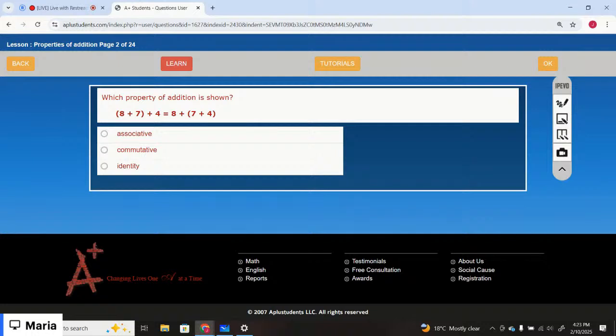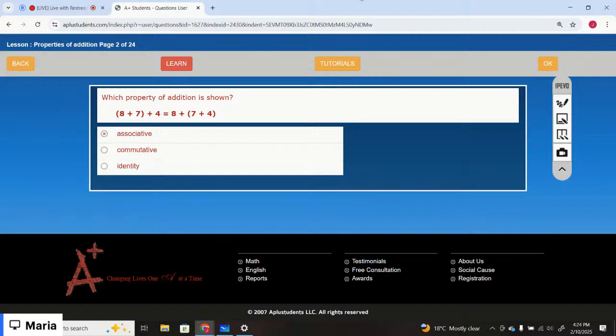Which property of addition is shown? If you have three numbers, their positions are different and parentheses is involved, so that is known as the associative property.